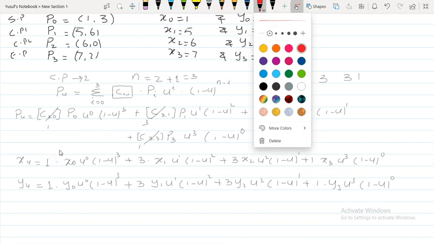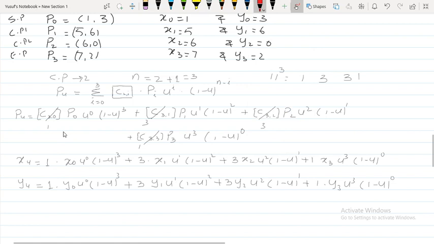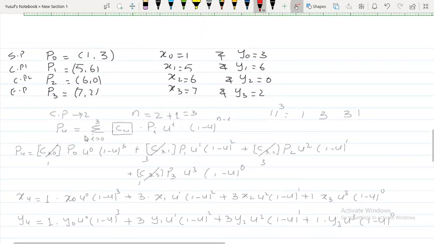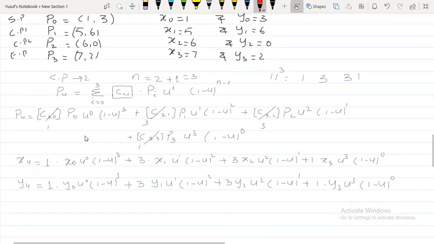So we have the numbers: x0 is 1, so u raised to 0 will be 1. And then x1 is 5, u raised to 1 will be u. Then x2 will be 6.